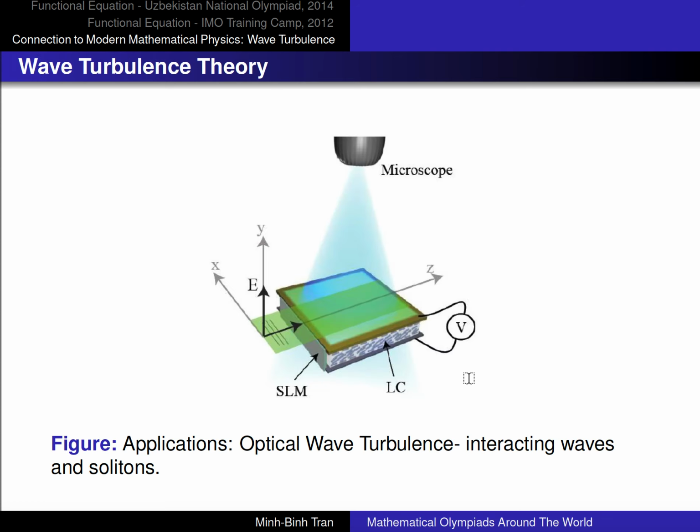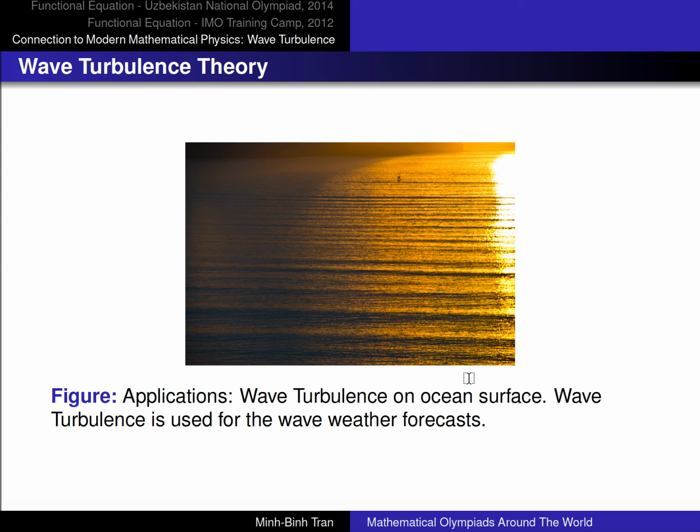The first application is in optics. In this system, you have interacting waves and solitons. Another application is wave turbulence on the ocean surface, and this has application in wave weather forecasts.